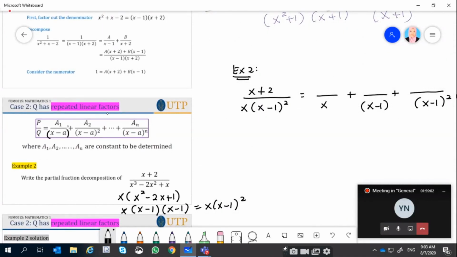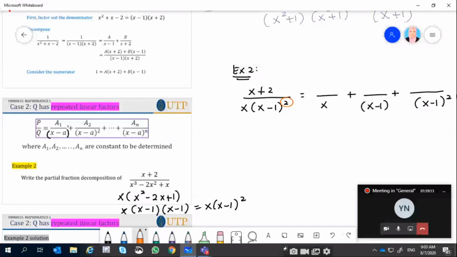You follow this purple box expression. The first one power of 1, and then power of 2 up until n. So your n here is 2, so up until 2 for this case. Maybe I can show another example.